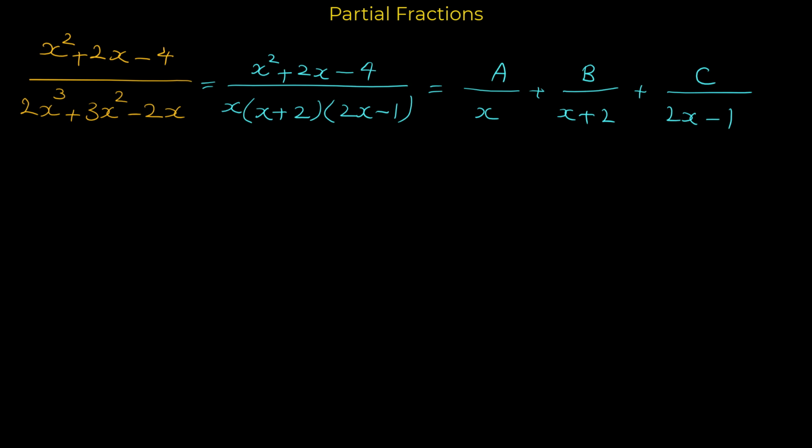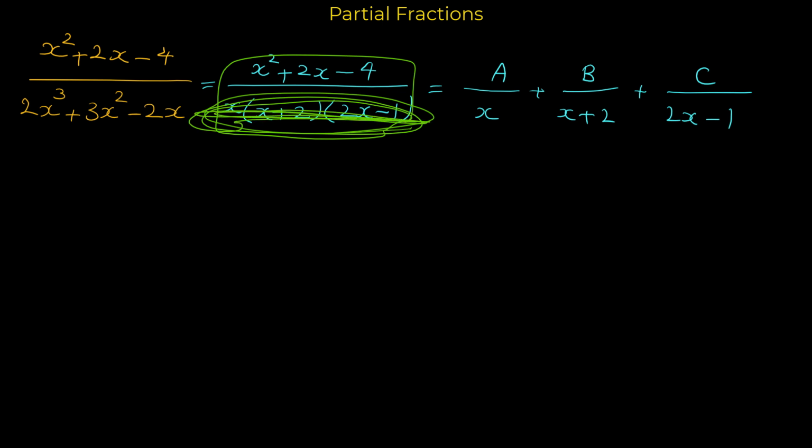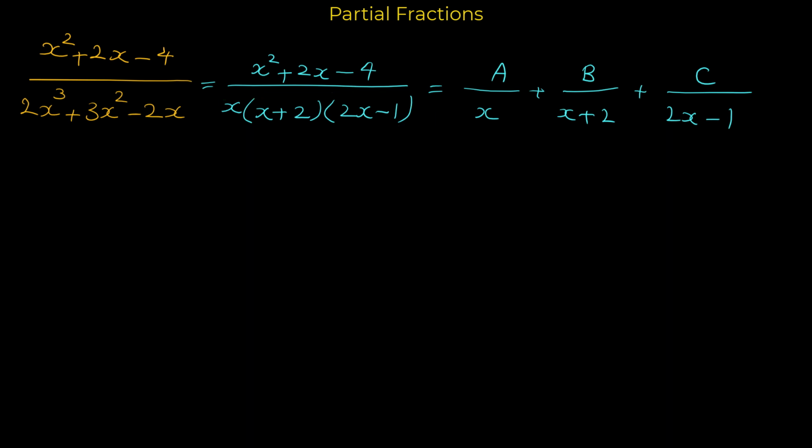If we multiply both sides by this expression, on the left side, because we multiply this fraction by its denominator, this cancels completely. And on the left side, we have only x to the 2 plus 2x minus 4.